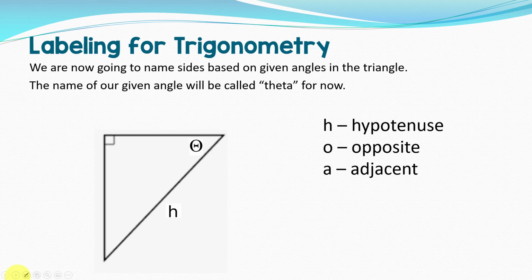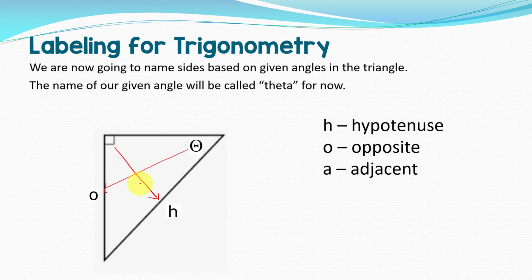The hypotenuse, we know, is always across from the right angle. The opposite to this angle is going to be from that angle across the triangle to the other side.